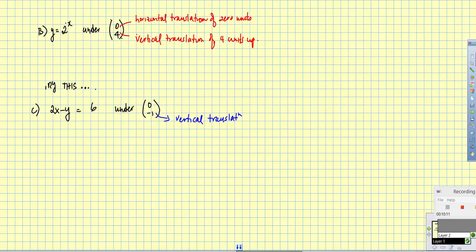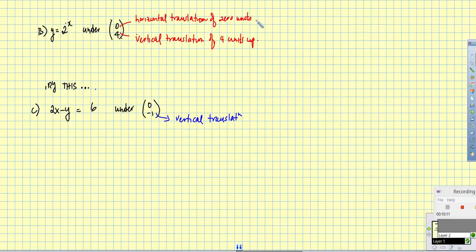All we really care about is figuring out what our new equation is going to be once it goes through the translation. I see that it has a 0 horizontal translation, so it's not moving left to right. But the vertical translation is 4 units up.